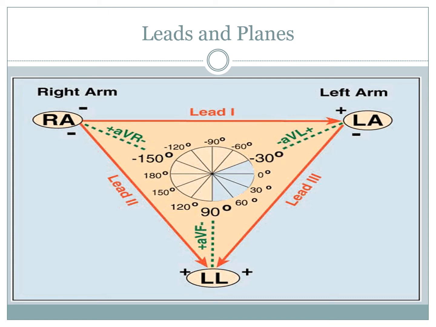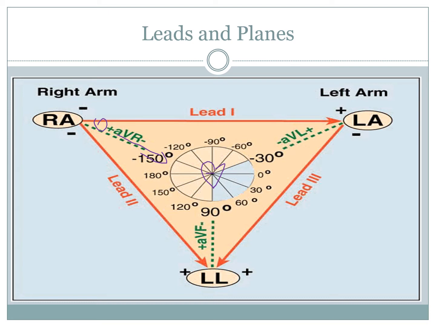Now looking at the leads specifically, their direction of travel is towards the heart. So AVR connects from the right arm, the positive, and it travels towards the heart, which is a negative. So in all these cases, the heart represents the actual negative aspect of the leads themselves.